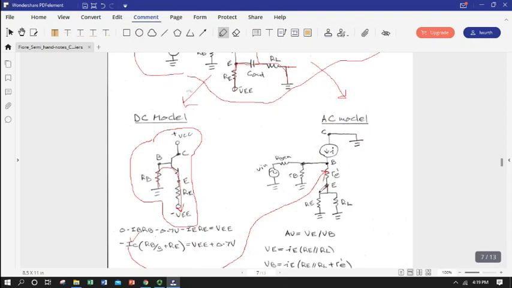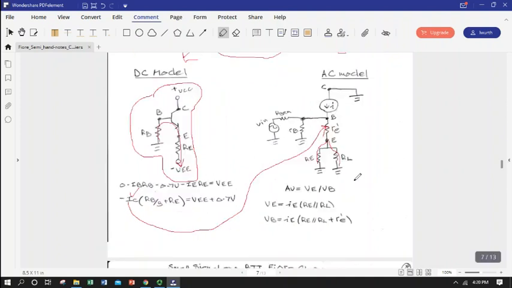So here we go. We have two parallel paths to ground. So we're going to need to combine these two resistances in parallel when we define the voltage at the emitter or the base from the standpoint of current flowing down from this current source. And so we'll need to do that to define gain.